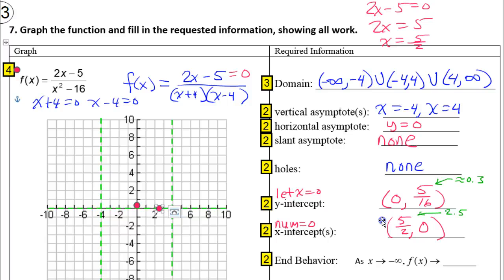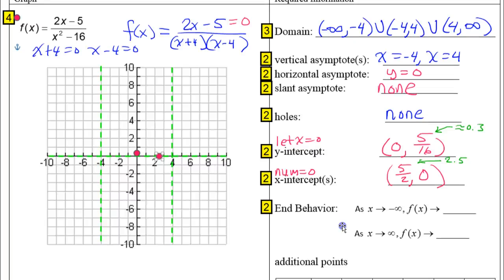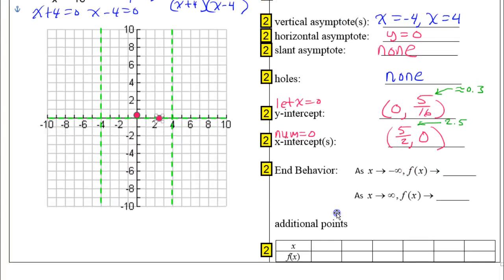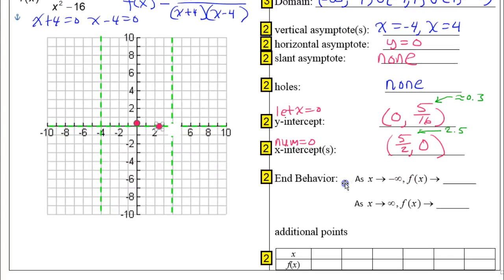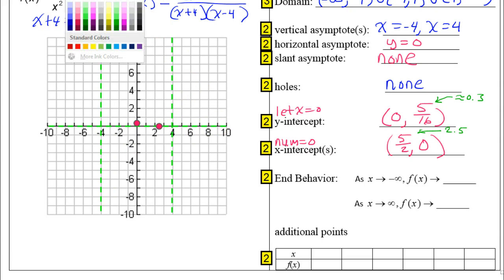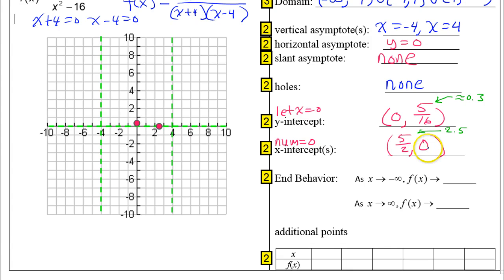Okay, so I have these 2 points, and now it is time to solve the rest of it. I need some additional points. Well, now would be a good time to go ahead and say the end behavior, because I mentioned that the horizontal asymptote is really there to tell you about the end behavior. So if you know that the horizontal asymptote is y=0, you know that the end behavior is going to be approaching 0 on the left and the right, 0 and 0.